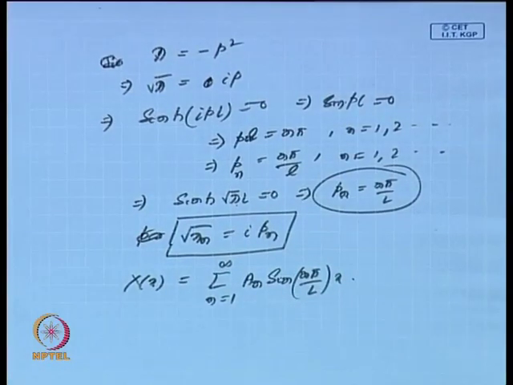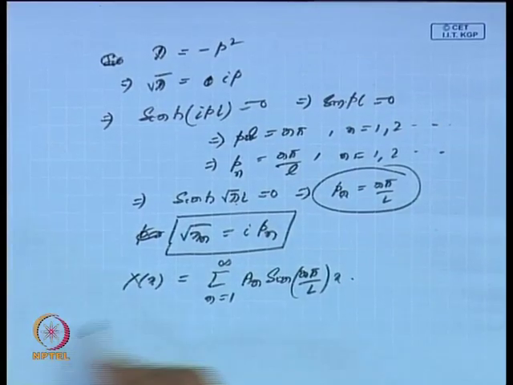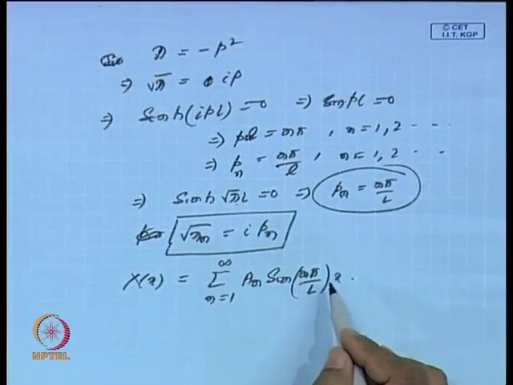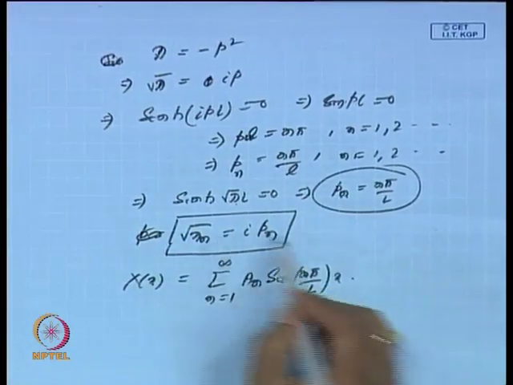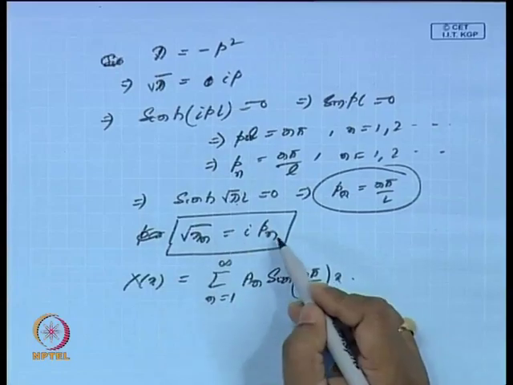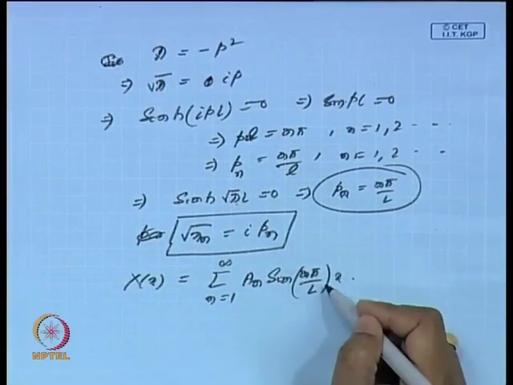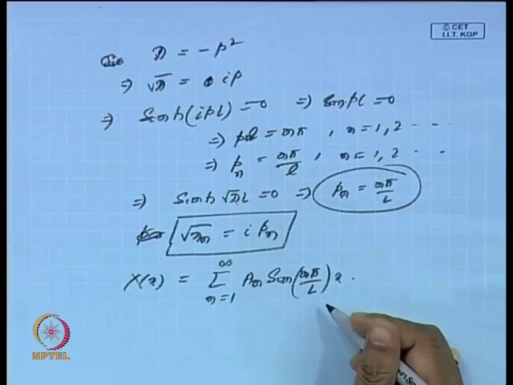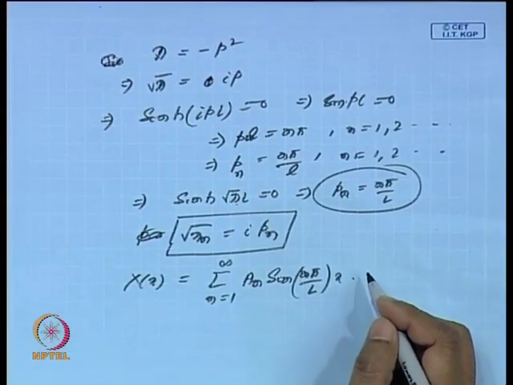This is my x part, and this becomes an eigenvalue problem. So, I have infinitely many such eigenvalues, and these p n's are the eigenvalues, and corresponding eigenfunctions are sin n pi by L into x.